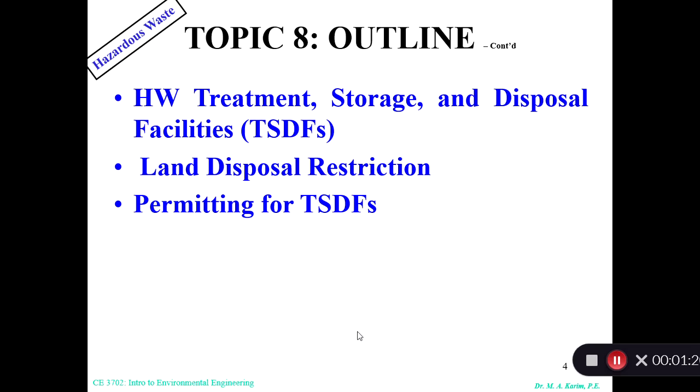Then hazardous waste treatment, storage and disposal facilities, we'll discuss that too. Land disposal restriction, what kind of restriction we have to dispose those hazardous waste in the land or landfill. Permitting for TSDFs, treatment, storage, disposal facilities.